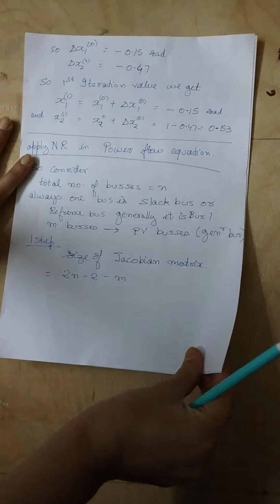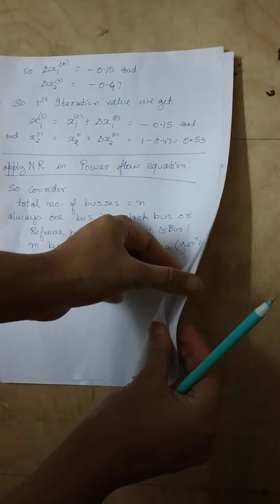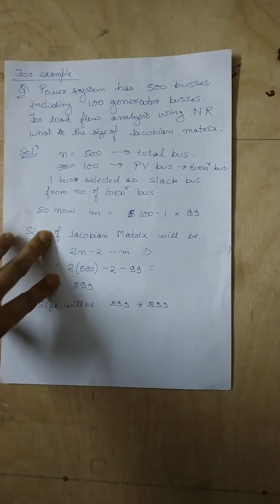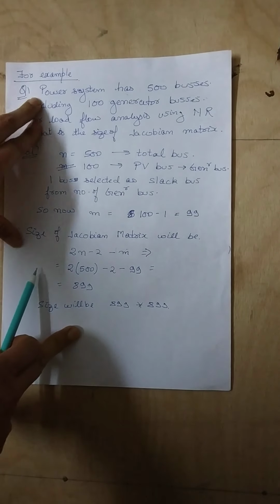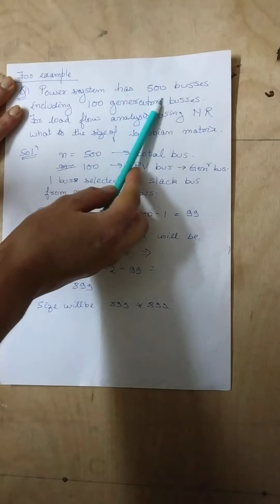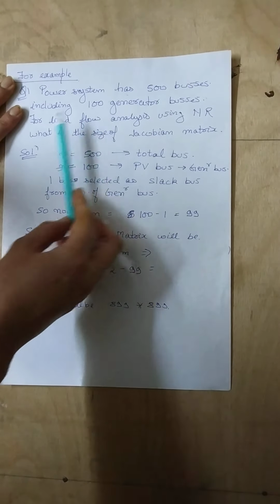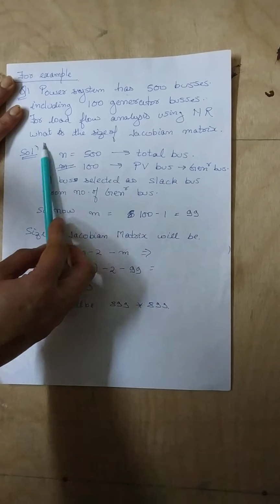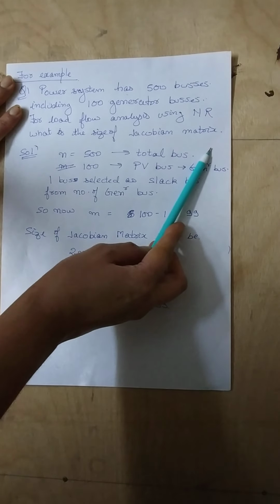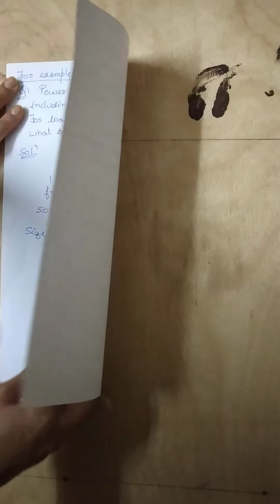I have taken a simple example again. I have taken an example where the number of buses is 500 and the number of generator buses is 100. For load flow analysis using NR, what is the size of the Jacobian matrix? So to find the Jacobian matrix size, I will use this formula.